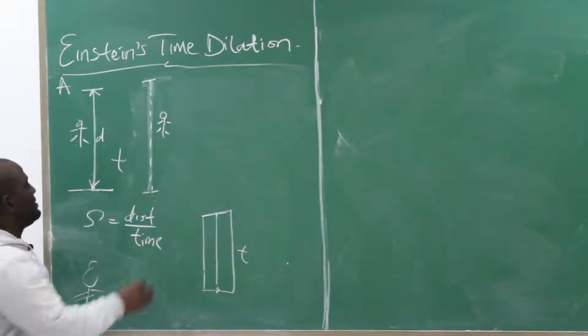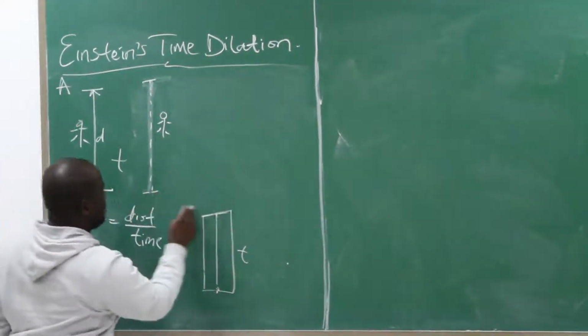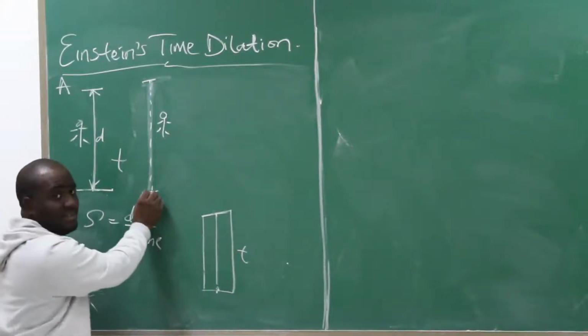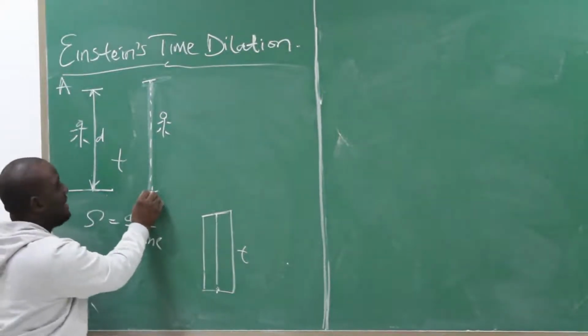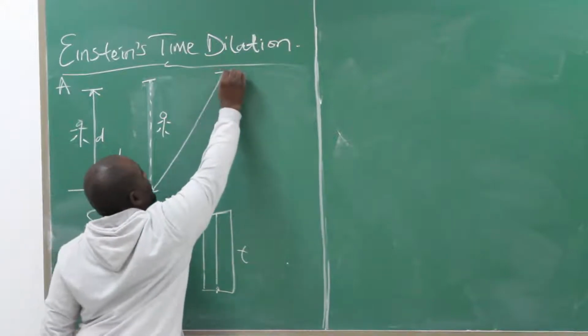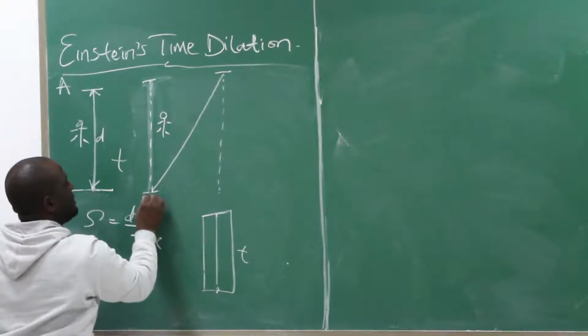Because the car is moving, he will see the path that particle of light takes will be something like this. Then before it reaches this place, the car has moved to this point. Let's say this is the starting point.